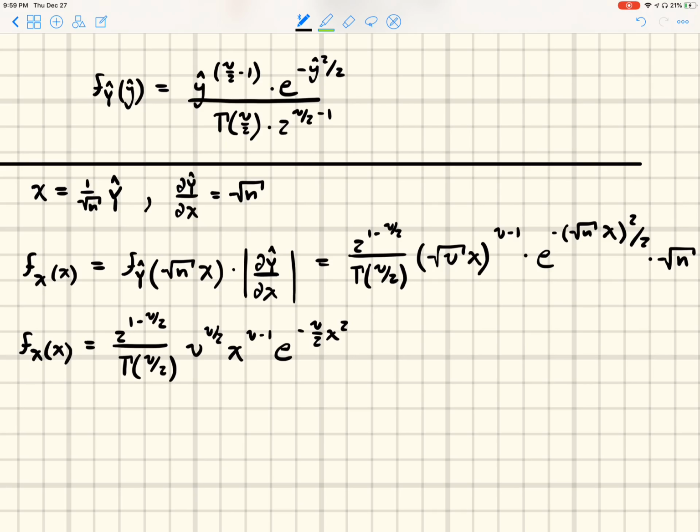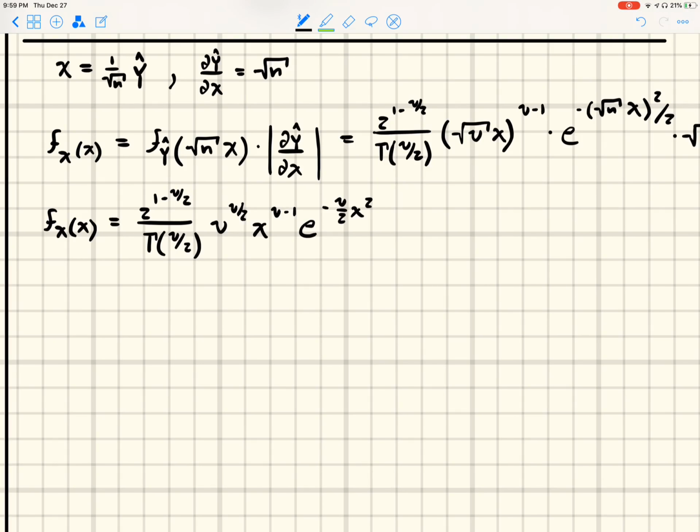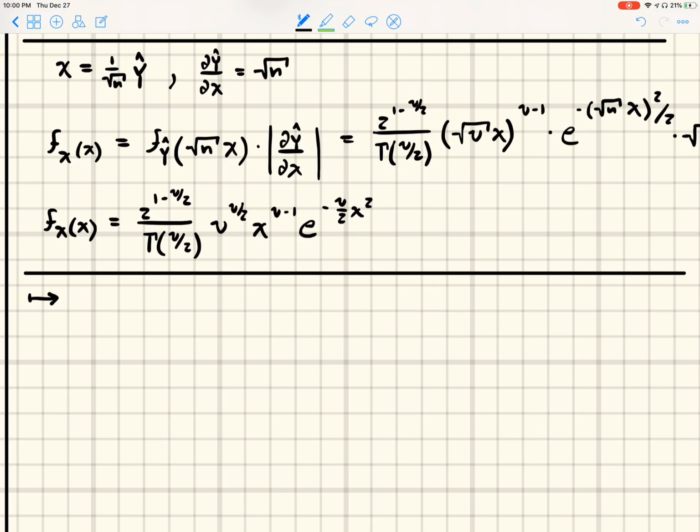Okay, so from this definition, we can now write the t-statistic in terms of simpler random variables. The first of which is that normally distributed numerator, and now we have a new random variable x.